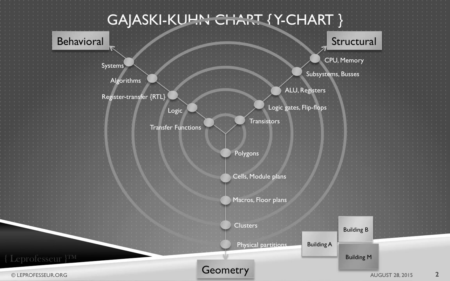Now, the interesting thing here. Those of you who want to become a system architect should try to focus on getting more expertise in the behavioral dimension. Or those who are good with the things which you like to see, you'd like to draw polygons, you like to do floor plans, you should develop your expertise in the geometry or physical dimension.